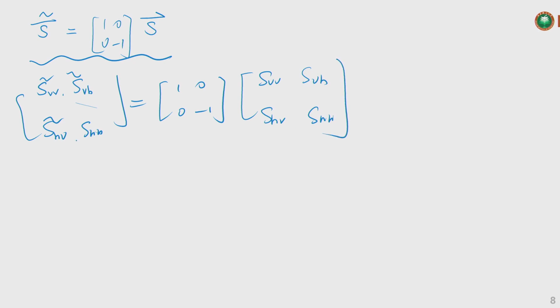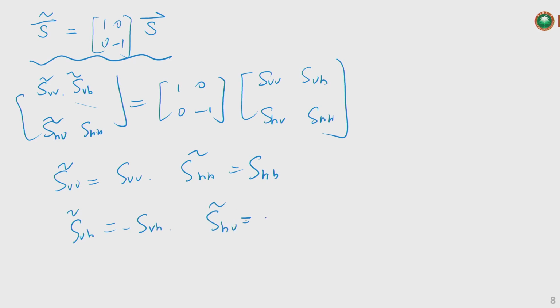So you can get the relationships between each element, right? S_VV equals S_VV, S_HH equals S_HH, S_VH equals minus S_VH, S_HV equals minus S_HV. So we get this thing.